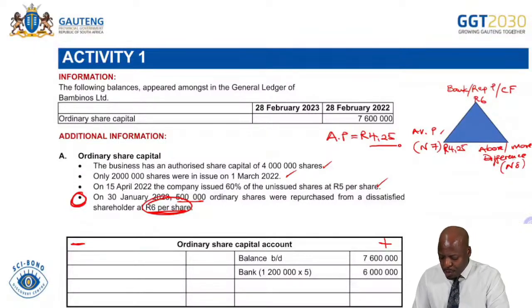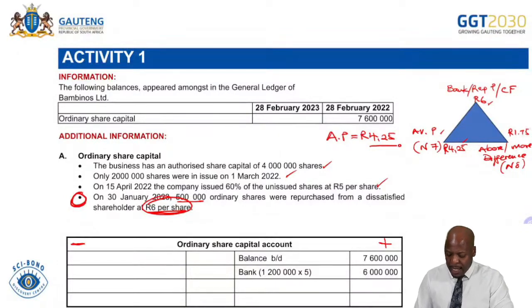If you use the term difference, I'm just going to get the difference between the 6 rand and the 4.25, and that gives me 1 rand 75. That is what we have paid above the average price, what we have paid more than the average price. That is the difference. That goes to your note number 8.